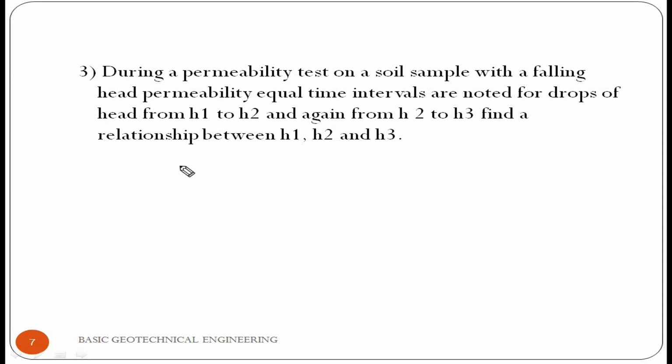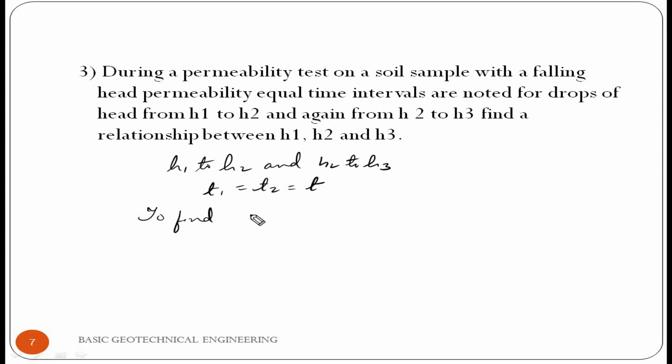So as per the given data, the head drops from H1 to H2, then from H2 to H3. So here T1 is equal to T2, we can take it as small t. So we need to find the relationship between H1, H2 and H3.